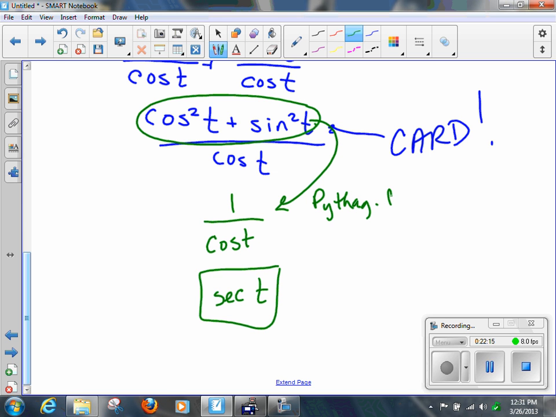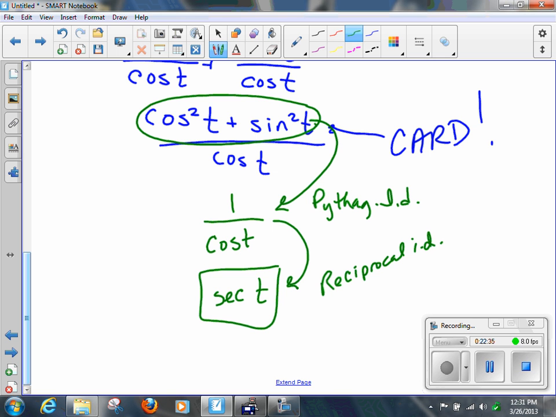And then from here to here, where did this come from? Secant t, because it's a reciprocal identity. Look back in your notes. 1 over cosine.